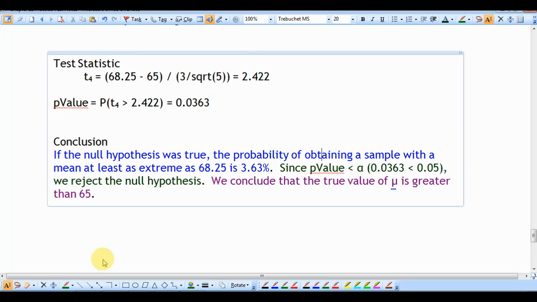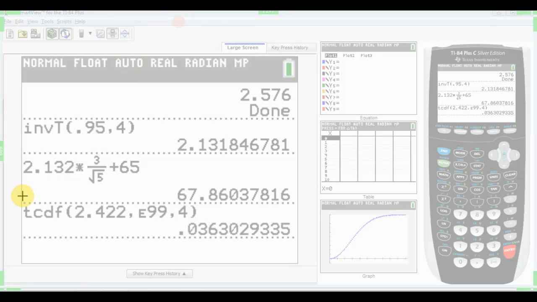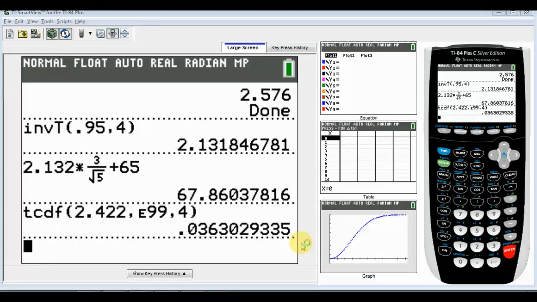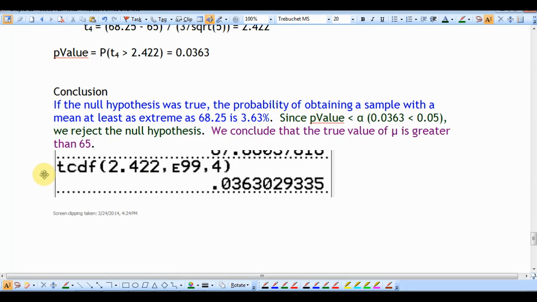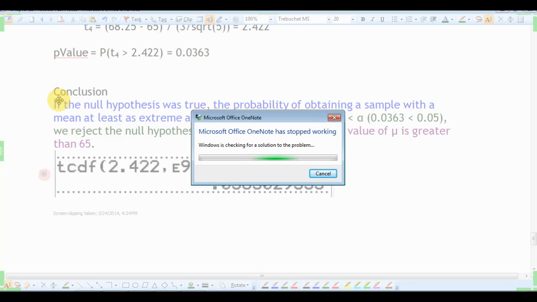Let me screen capture this for you. The fact that we got 68.25 with only a 3% chance. One more time, I'm sorry.